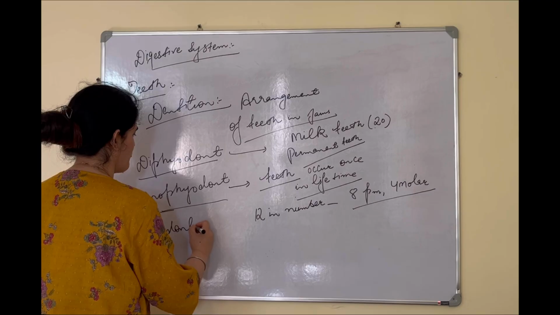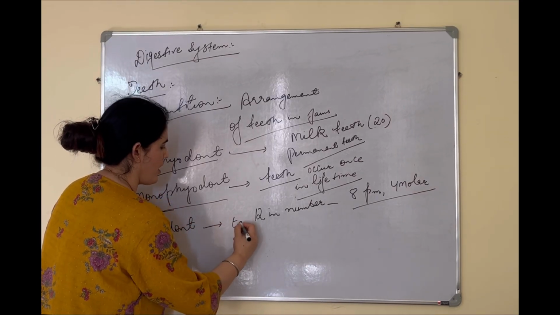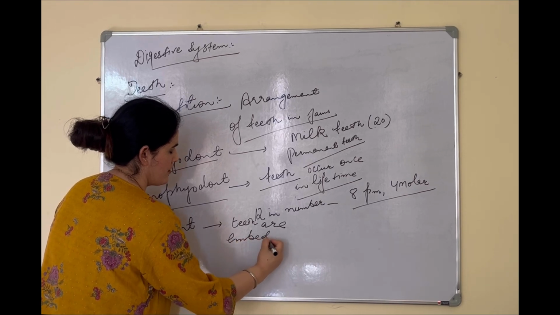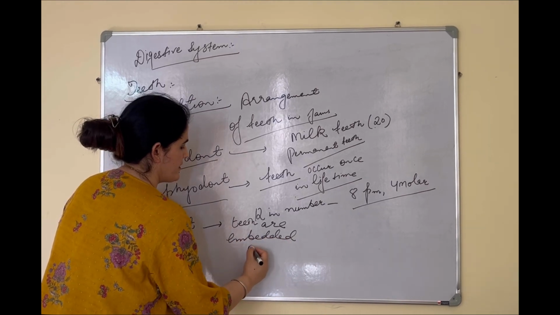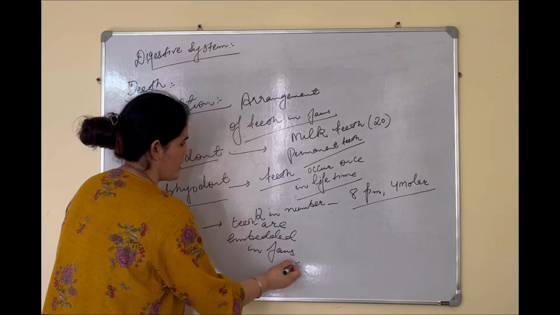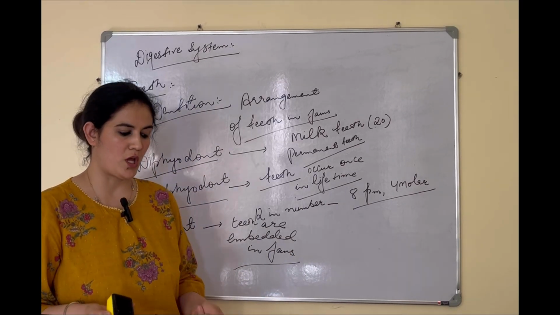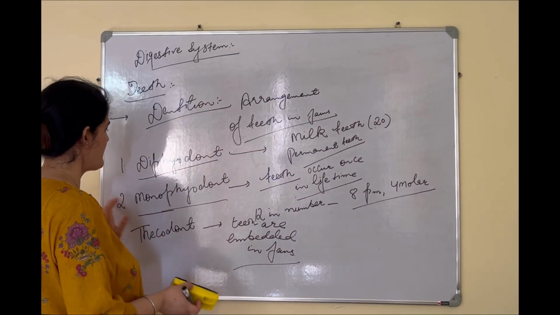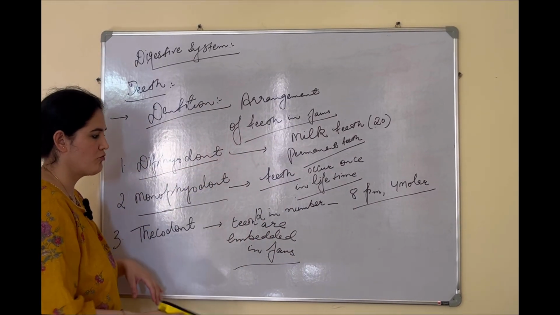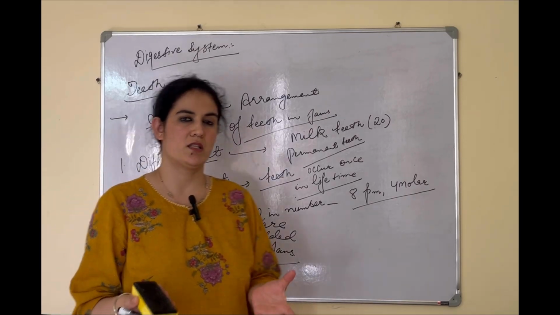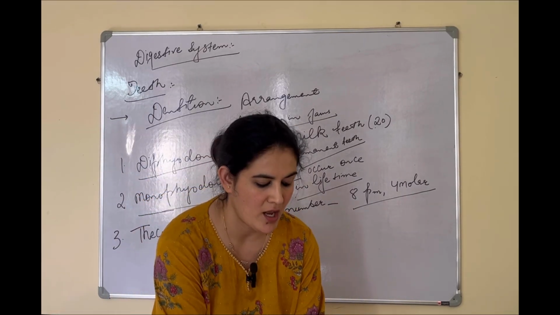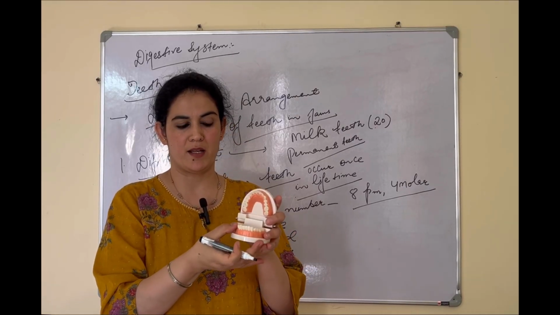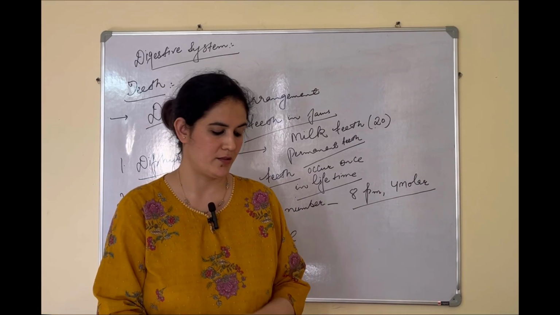So thecodont means teeth are embedded in the jaws. You should listen first and then you should note down. Basically, noting down is also important, but first you should understand these points. So thecodont type of dentition means teeth are embedded in the jaws. Okay, like here, this is the lower jaw mandible, and you can see teeth are just embedded in the jaws.